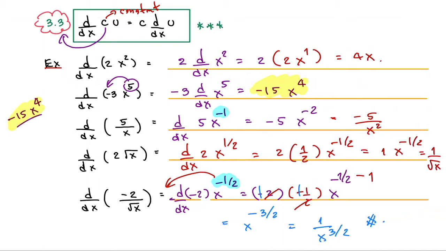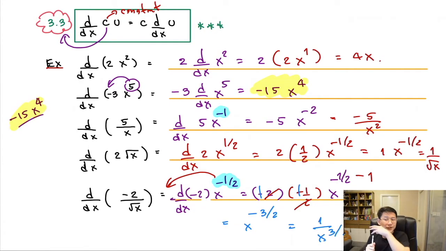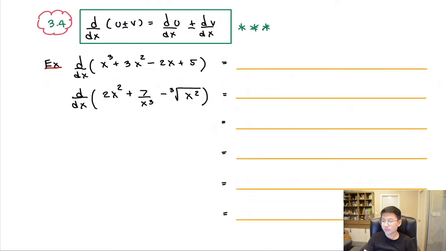Okay, so if you have a constant times a function, you can pull the constant out, and then you find the derivative of the function. The next one: if you have two functions, u and v, and you want to find the derivative of the sum of the two functions, you can find the derivative of each function.